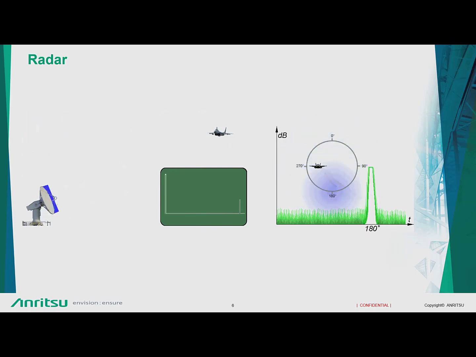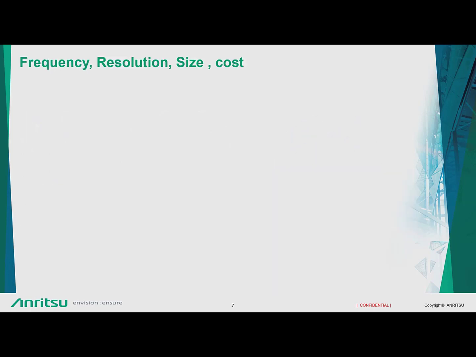Now there are some very important key parameters, like how does somebody know that using this kind of frequency is going to be valuable for my application. Should I make an X-band radar, or should I make, say, an E-band radar?